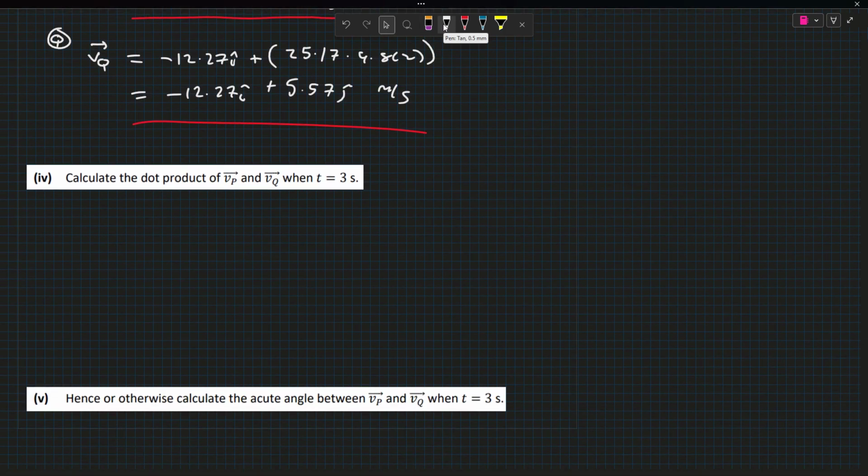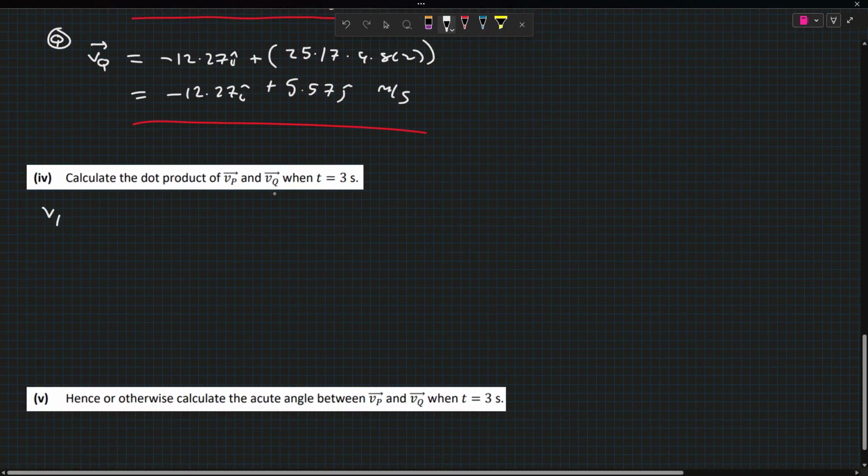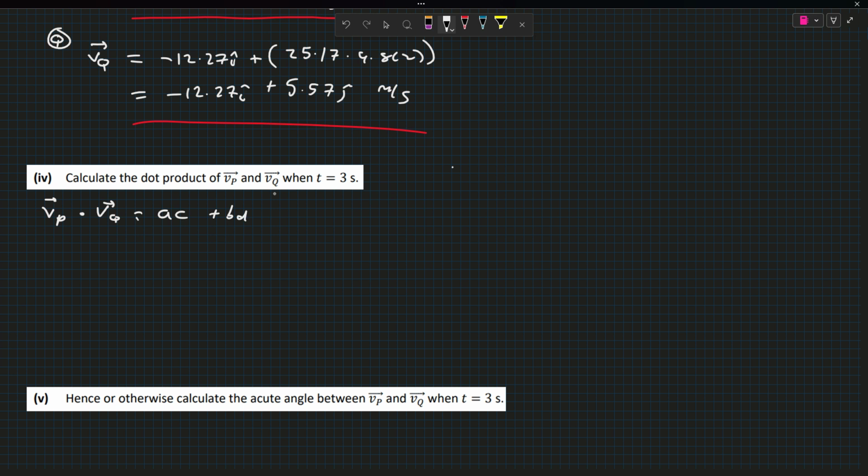Next, calculate the dot product. So Vp dot Vq is ac plus bd, where we have ai plus bj and ci plus dj.